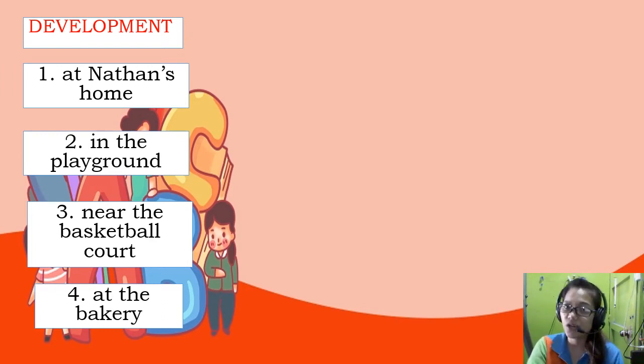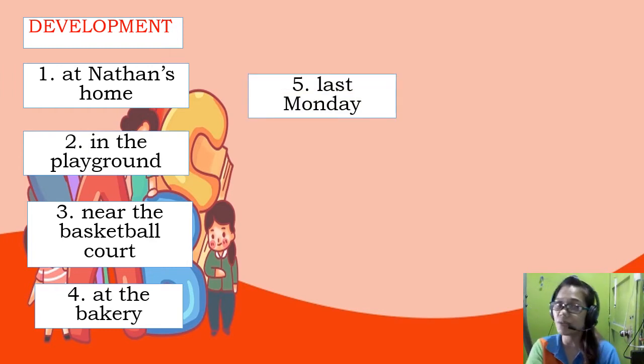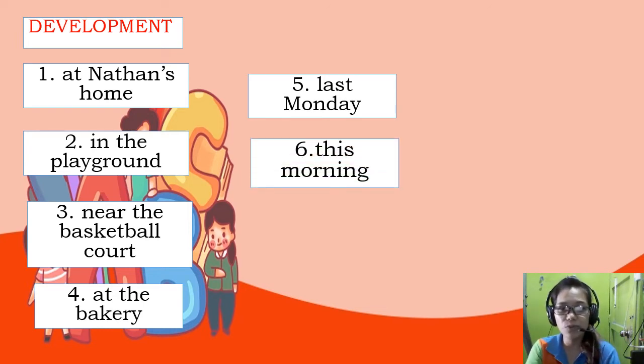Okay, let's check your work. Number 5. Since when has Peter been absent? Your answer must be last Monday. Next, number 6. When did Peter eat at Nathan's house? Your answer must be this morning. Number 7. When was he seen near the basketball court?